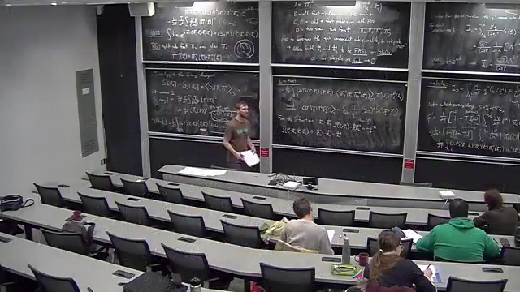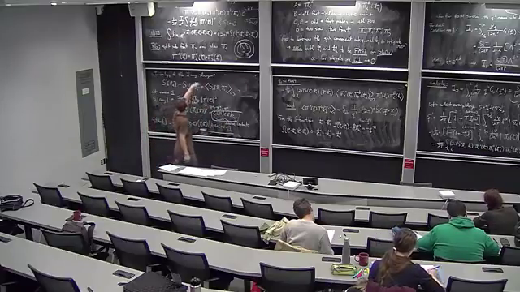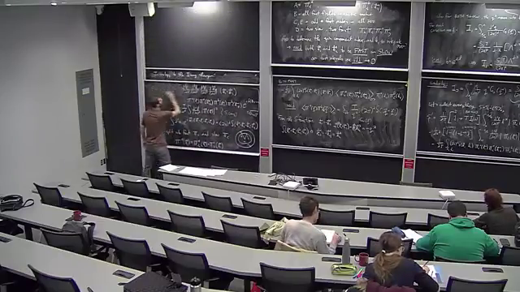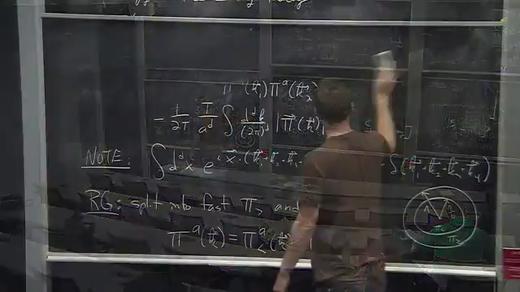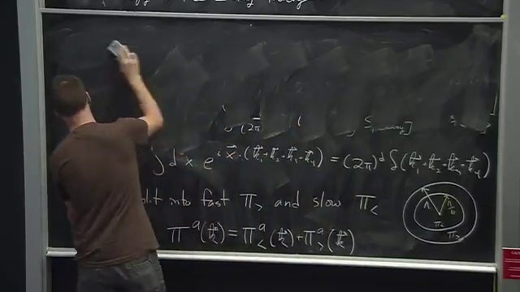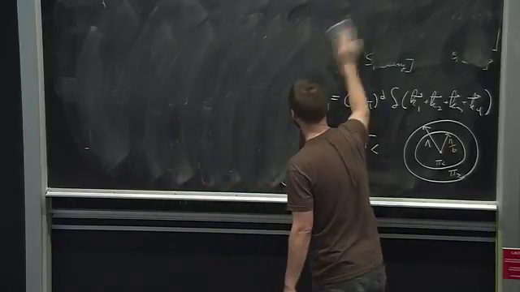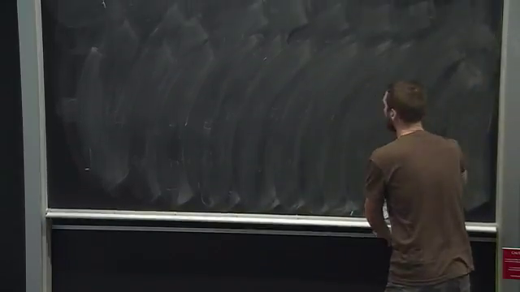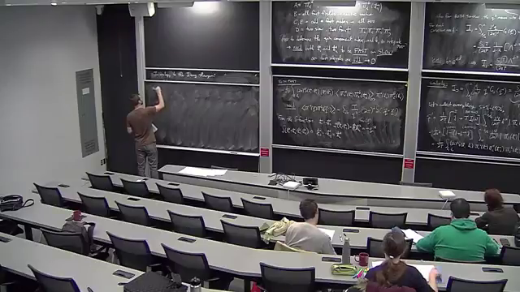Now what do you do? You rescale and renormalize. Rescaling means taking k to b, k prime. So that's your coarse-grained Hamiltonian.